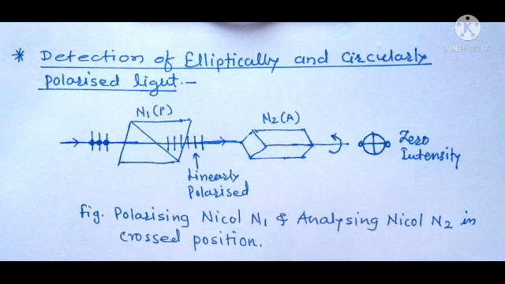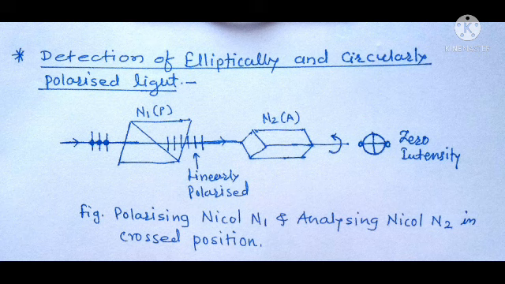If this linearly polarized light is further passed through another Nicol prism called analyzer, and the analyzer is rotated about the line of observation by looking towards the source of light, then the light is extinguished completely at two positions in one full rotation.